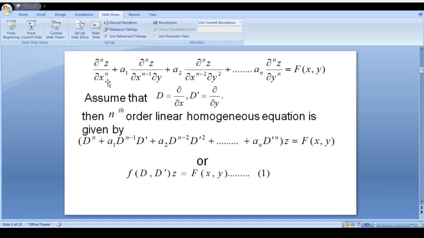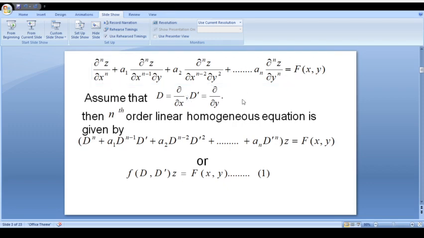Now in this case, this is a homogeneous partial differential equation. This is a homogeneous partial differential equation. In this case also, a homogeneous partial differential equation.